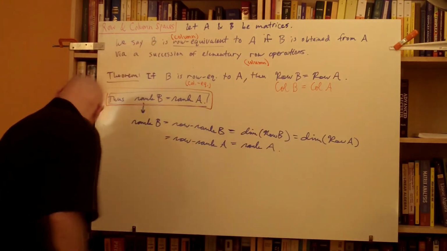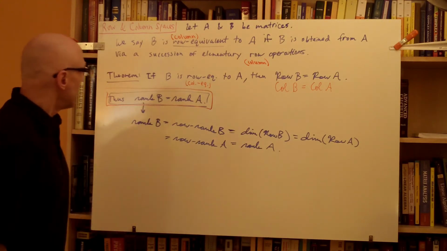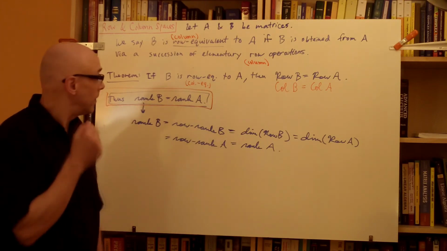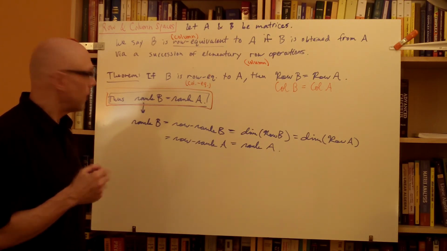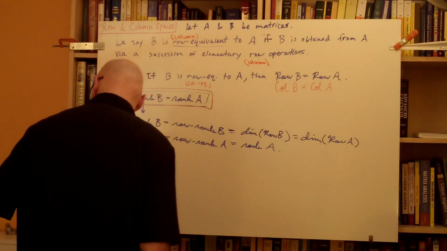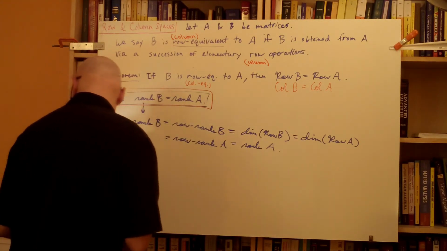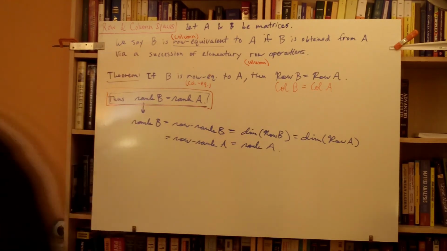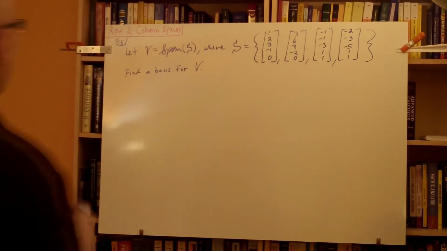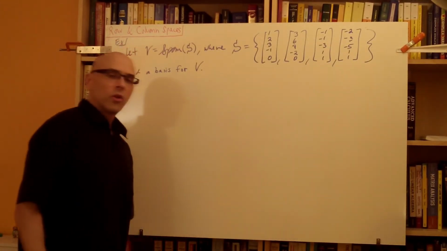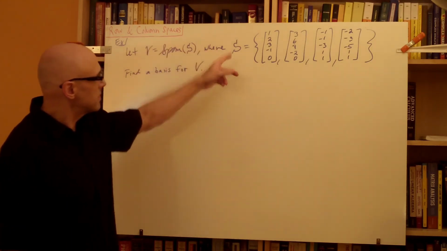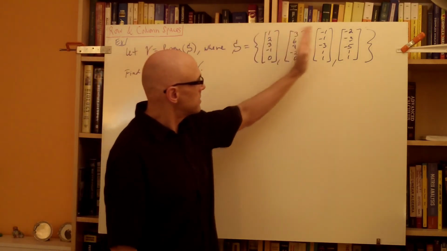Okay, so now we're ready to do, I believe, a real example. I said there was going to be one, and then I remembered, oh yes, we've got to do this first. Let V be the span of the set S, where S contains the four vectors that you see here.